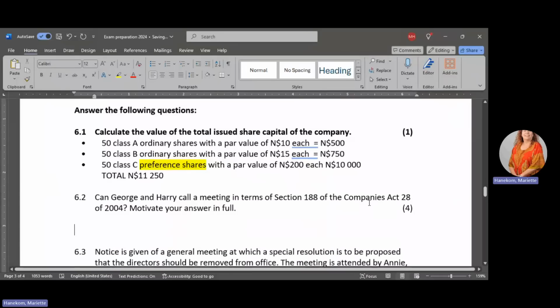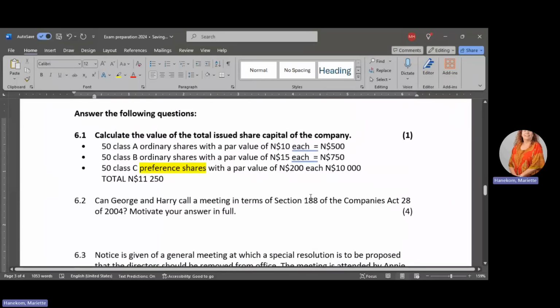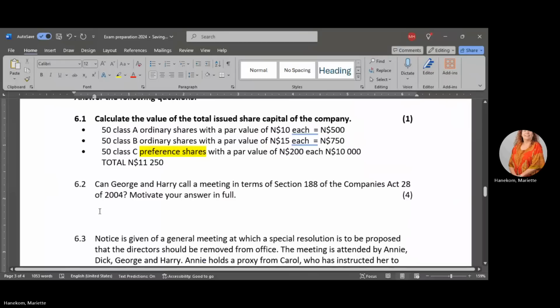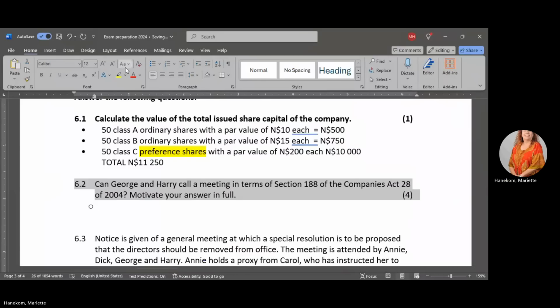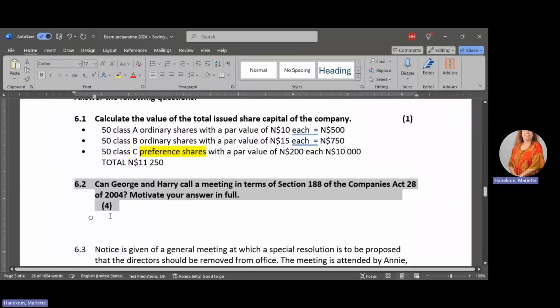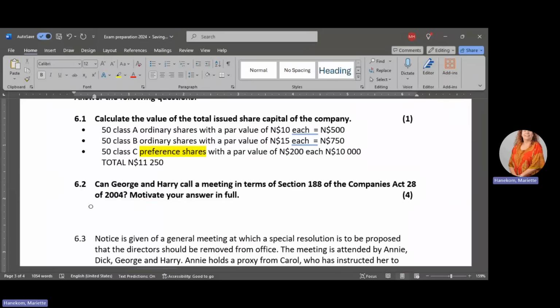Okay, can George and Harry call a meeting in terms of section 188? We had a similar question in test 1. In the special test, I gave a similar question, but I referred to section 189.